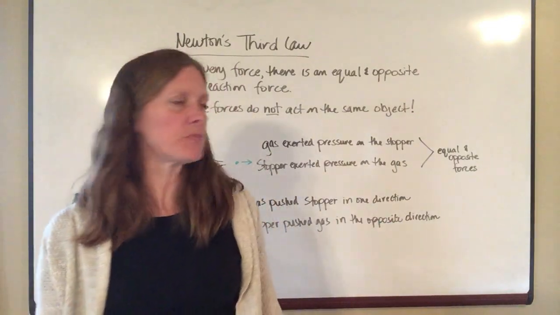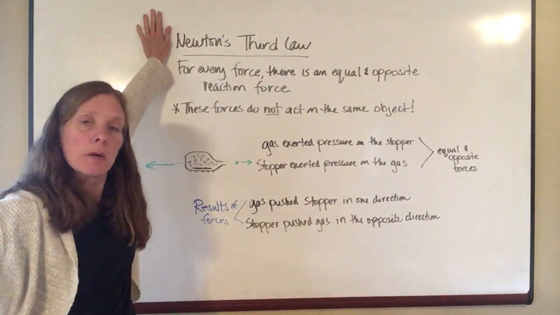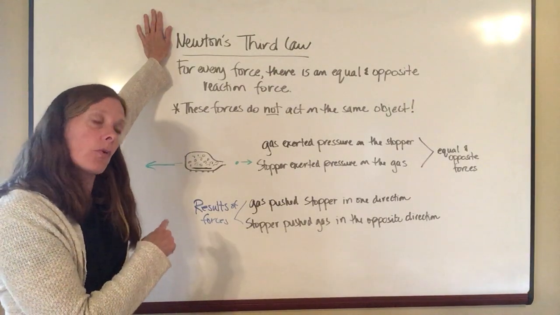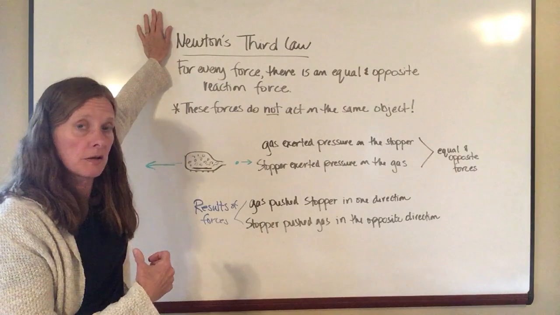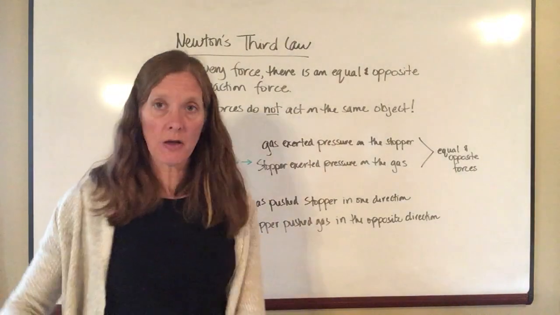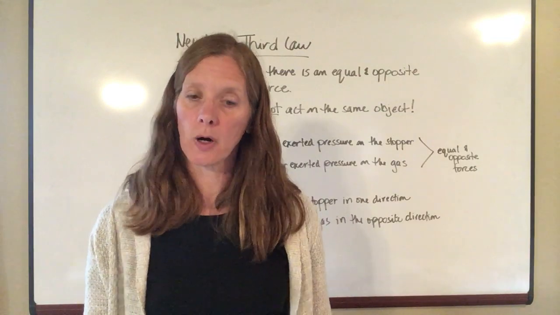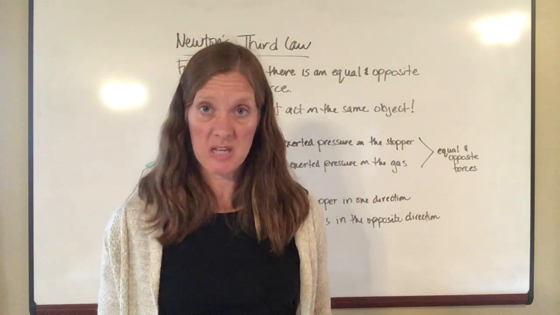And even something as simple as, if I decide I'm just going to lean here on my board, I'm exerting a pressure on the wall, and the wall is exerting an equal and opposite force back on me. Okay, if I'm standing on the floor, I am exerting a force on the floor, and the floor is exerting an equal and opposite force back on me.